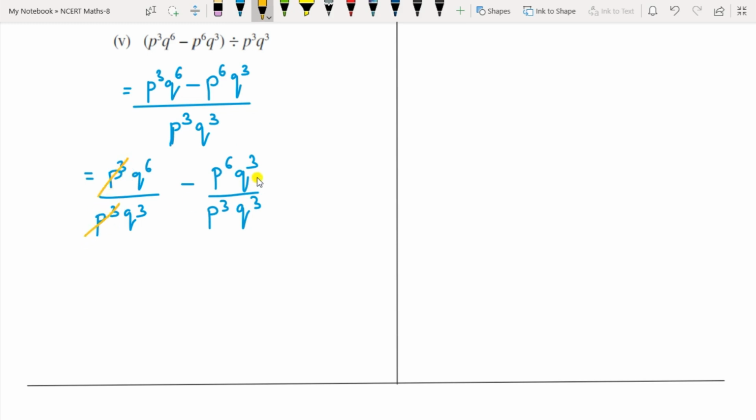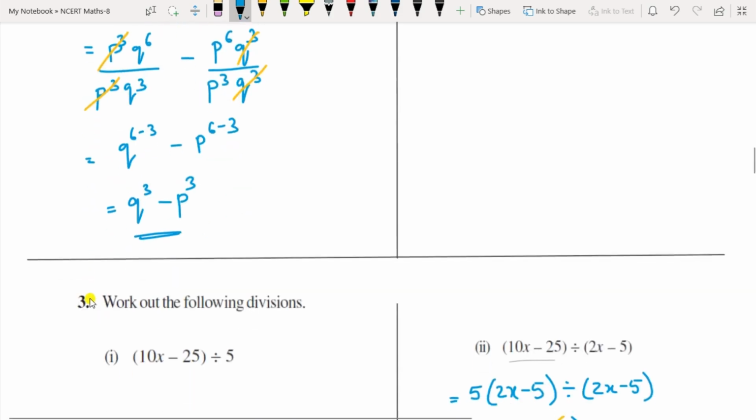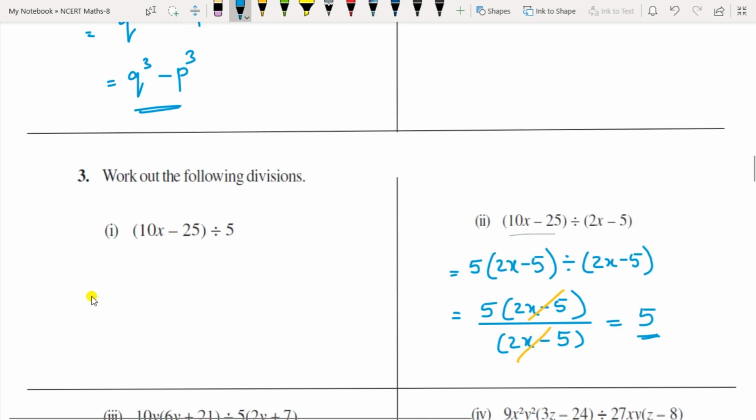This one, and here you can cancel the q. So the remaining are q, it will be 6 minus 3 since it is division, and minus p, 6 minus 3. So the answer will be q raised to 3 minus p raised to 3. This way you have to solve your question number 2 of exercise 14.3.